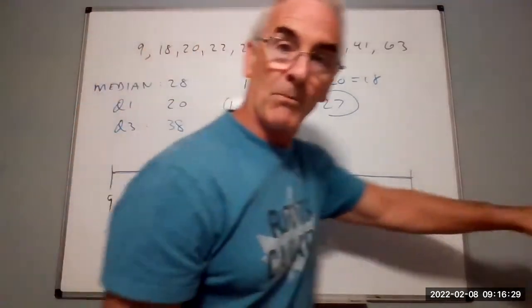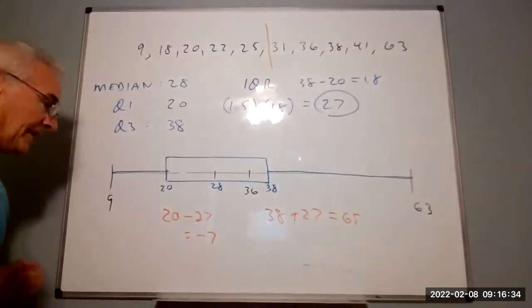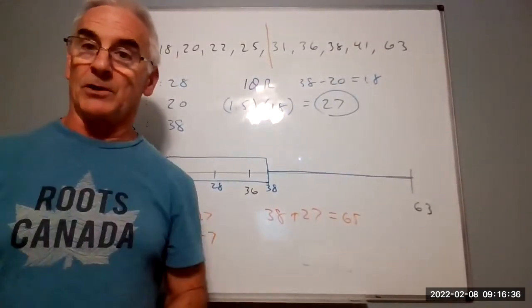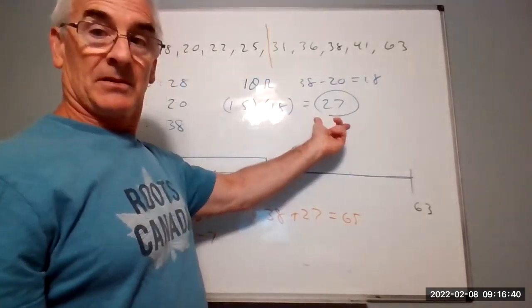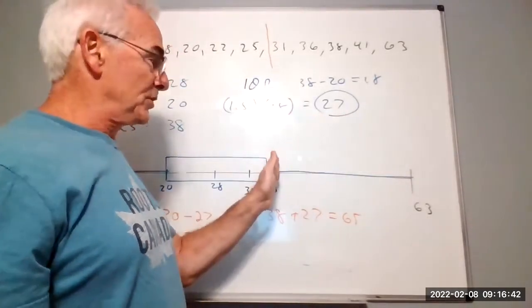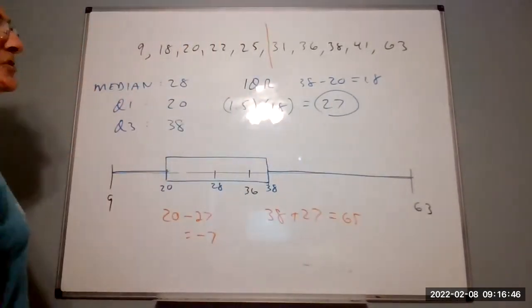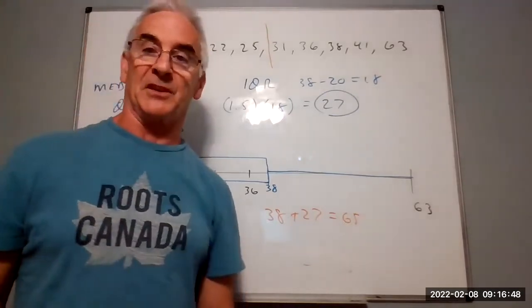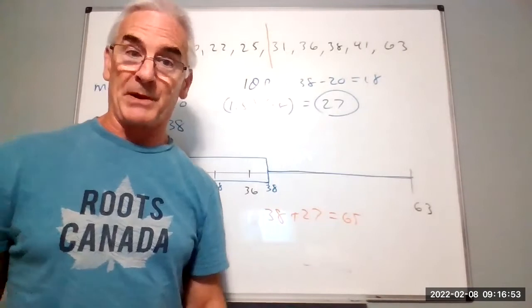Any score that is 65 or more, any score that is -7 or less, those are what we call our outliers. Again, 27 is a distance from Q3 this way or Q1 this way. That's 63. We all agree 63 looked extreme. Am I right? Do we all agree that 63 looked extreme compared to everything else?